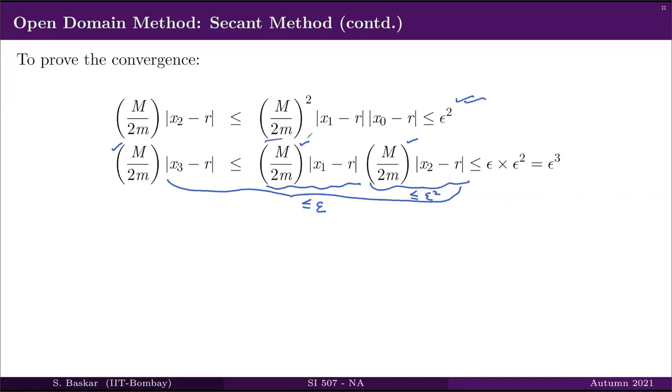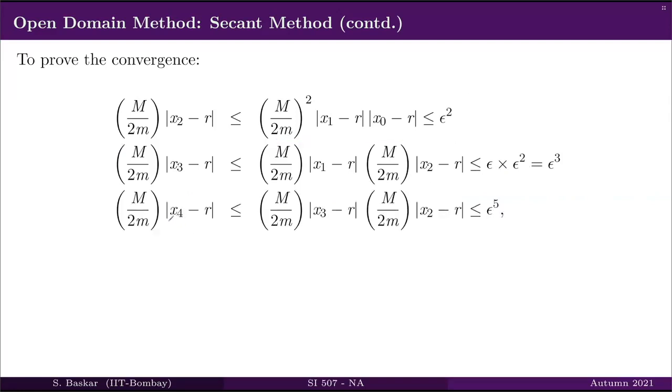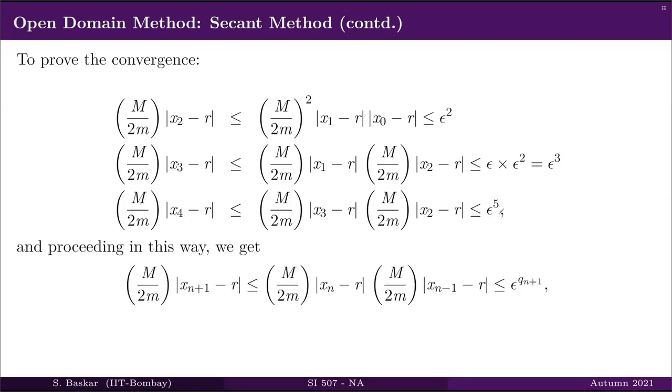Therefore, this entire right hand side is less than or equal to epsilon into epsilon square, that is epsilon cube. Now you follow the same idea, you get the x4 case. You can see that M by 2m into |x4 minus r| is less than or equal to epsilon to the 5, and you proceed in the same way.